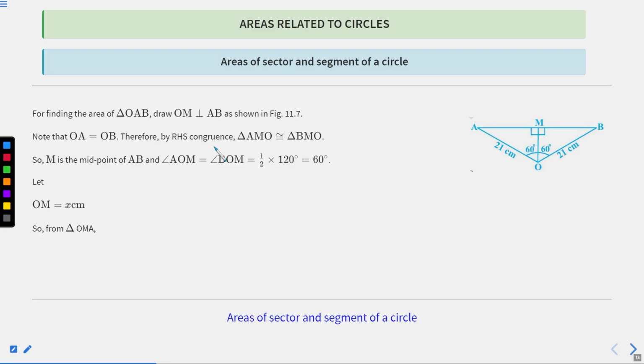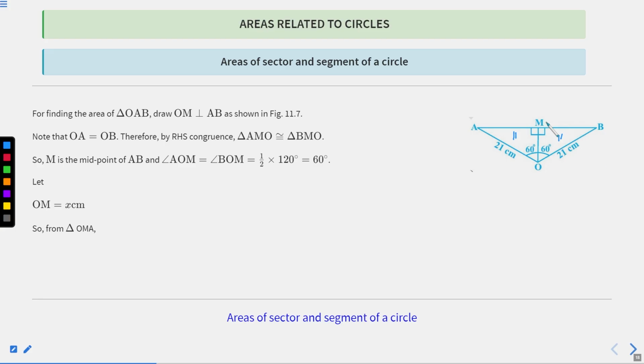Therefore by RHS congruence, this triangle is congruent to this triangle. So M is the midpoint of the side AB, and angle AOM is equal to angle BOM, and this is equal to 1 by 2 into 120 degree, that is equal to 60 degree.